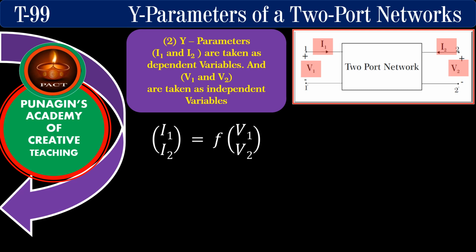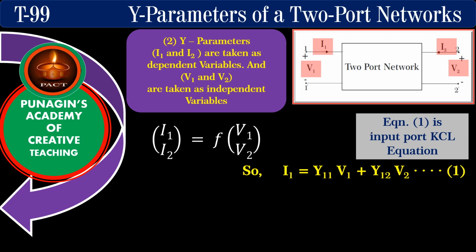So based on this relation, we can write I1 is equal to Y11 V1 plus Y12 V2.